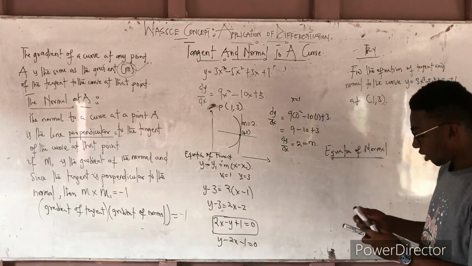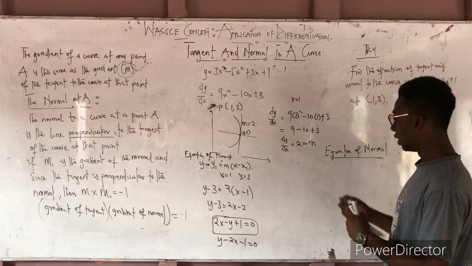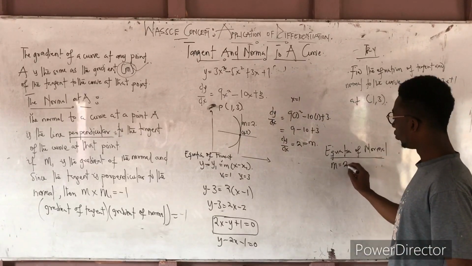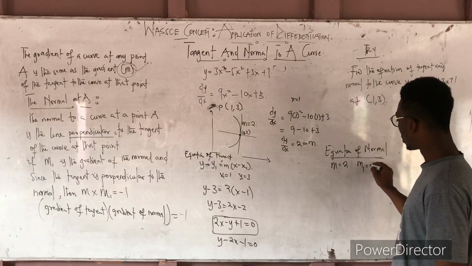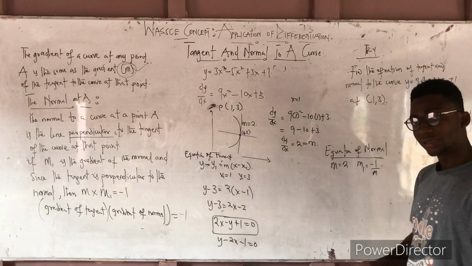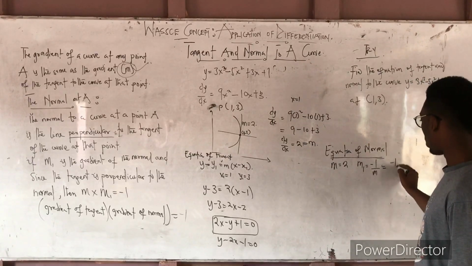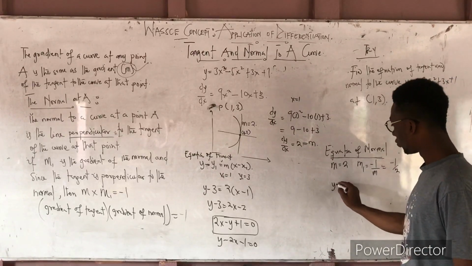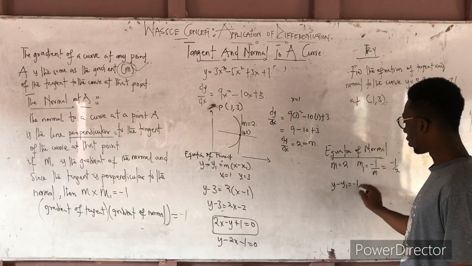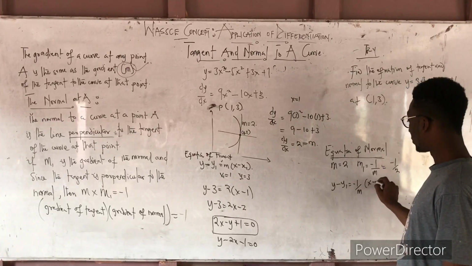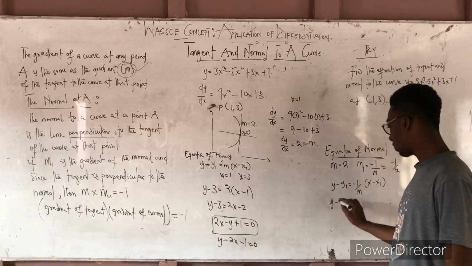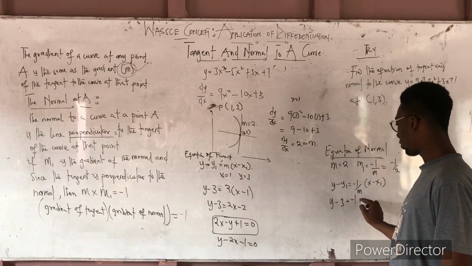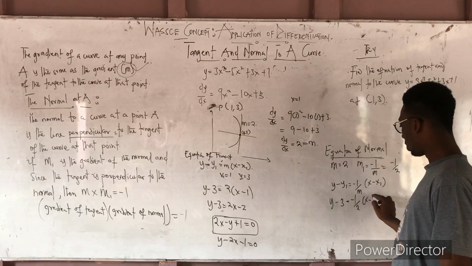Since the gradient of the tangent is 2, the gradient of the normal, let's say m1, is negative 1 over the gradient of the tangent, and that gives you negative 1 on 2. So therefore y minus y1 is equal to negative 1 on 2 times (x minus x1), so y minus 3 is equal to negative 1 on 2 times (x minus 1).